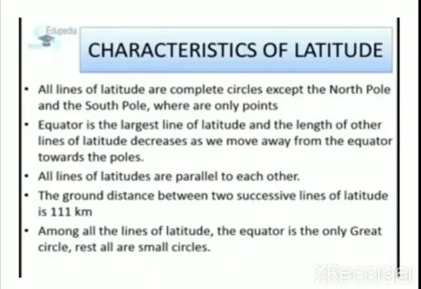The circumference of the earth is 40,000 kilometer, and the distance from the equator to the pole is 1/4 of the circumference on each side. So we calculate it by the circumference of the earth divided by 360 degrees, and we get 1 degree of latitude equal to approximately 111 kilometer on the ground.